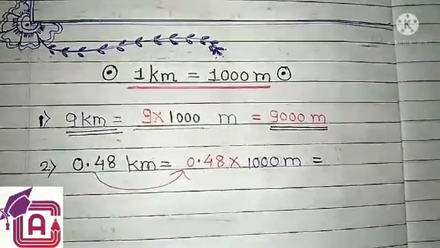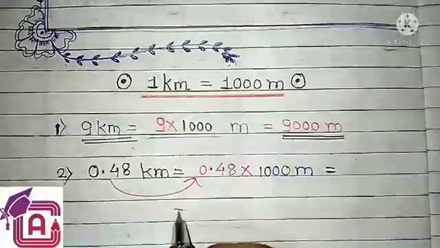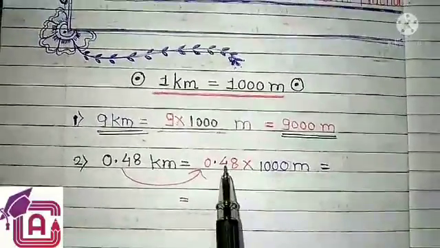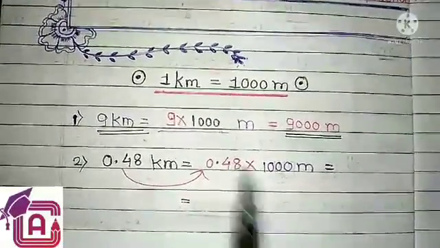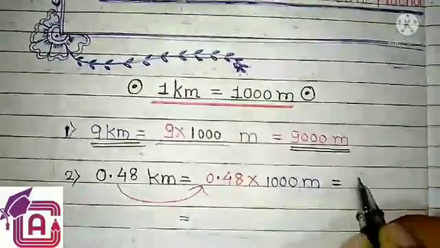Look here, I am writing the answer of this. How to write the answer? 0.48. So our number is like this.